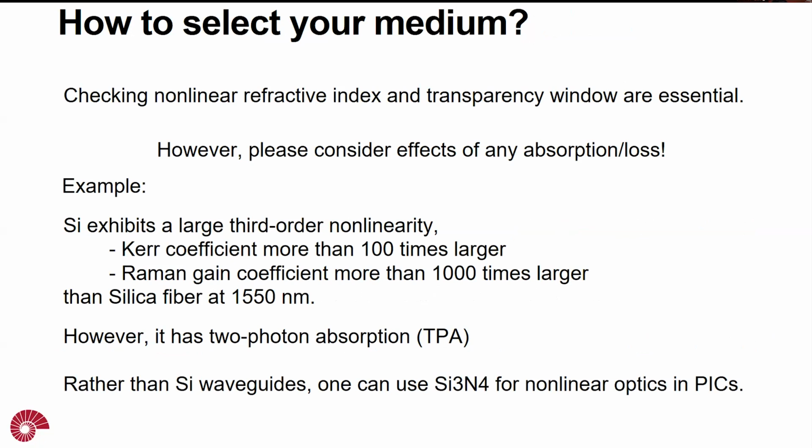When you compare it in terms of this third order nonlinearity and stuff, the Kerr effect is more than 100 times larger. Raman gain, which we will talk about in the following slides, is again more than 1,000 times larger when you compare silicon to silica. Okay, this is a piece of fiber, this is the waveguide you can generate immediately and cleanly. So this is nice, right?